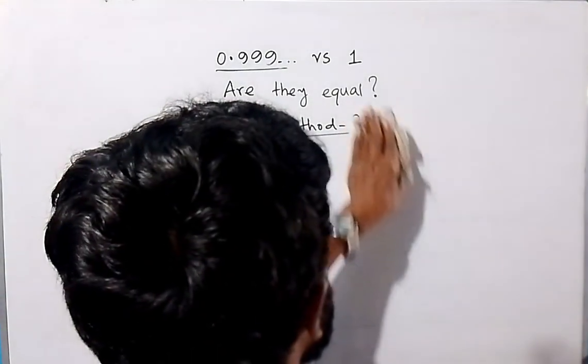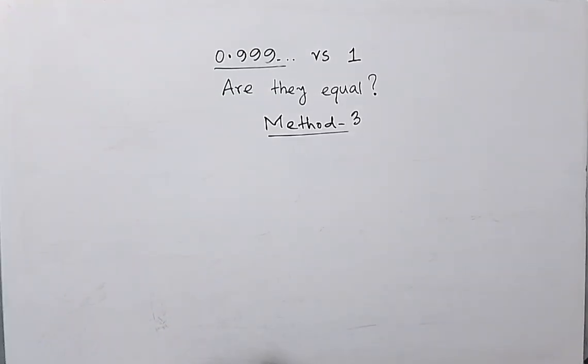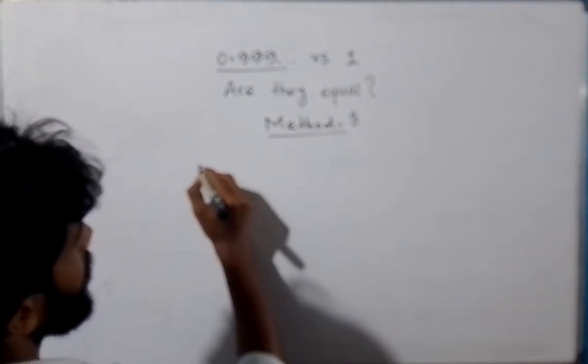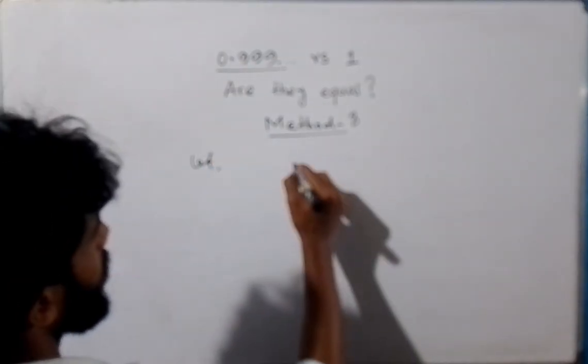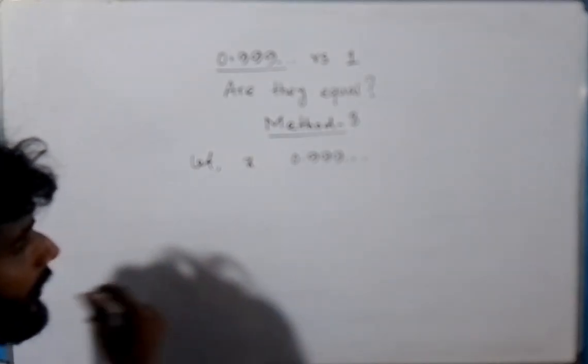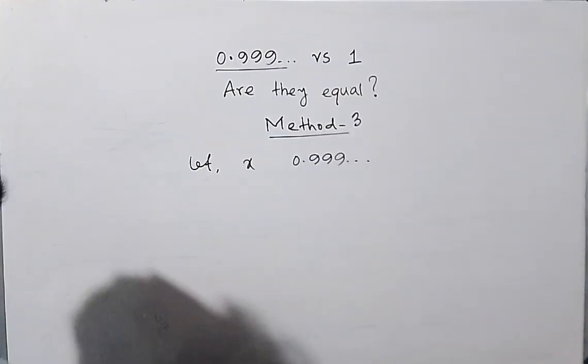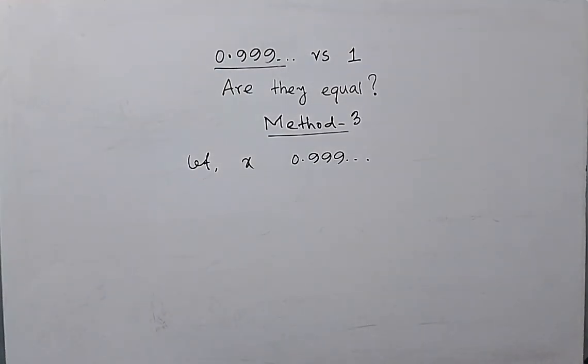Okay, this is my third method. The third method is using limit. So if I take this 0.999 and so on as x, and since I want to take a limit here, what did we do in the past?